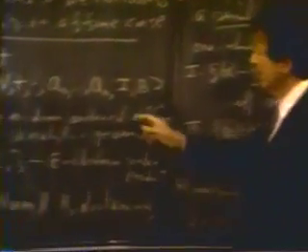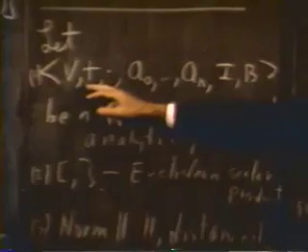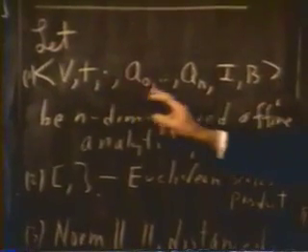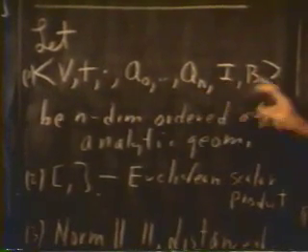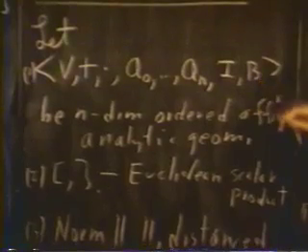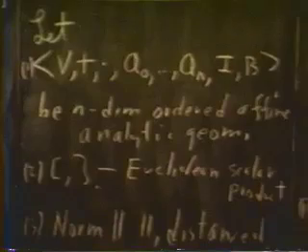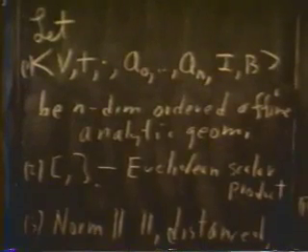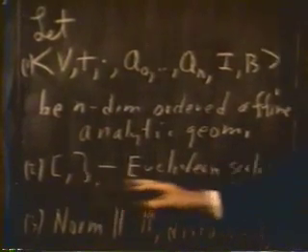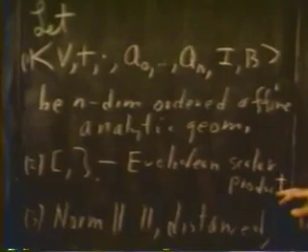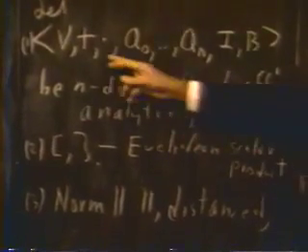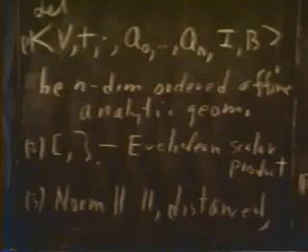Let this structure, V, addition, multiplication, A sub 0, A sub n, incidence relation and ordering relation between, be an n-dimensional ordered affine analytic geometry. And let us have in addition the standard Euclidean scalar product defined in the vector space, satisfying the axioms just given.